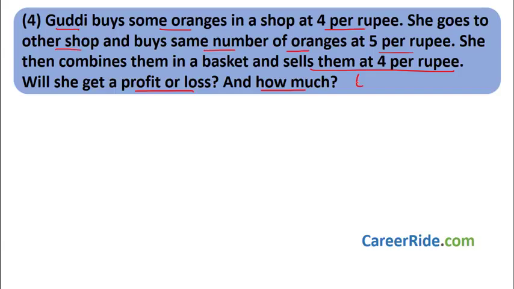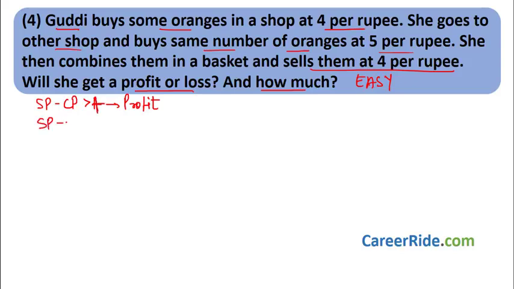This is actually an easy sum. You just need common sense and you need to follow the things one by one, and you'll easily find out. Now let's see what is the first thing. We don't know whether it is profit or loss. How to determine whether it is profit or loss? If selling price minus the cost price is greater than 0, then it will be profit. That means if it is positive, it will be profit.